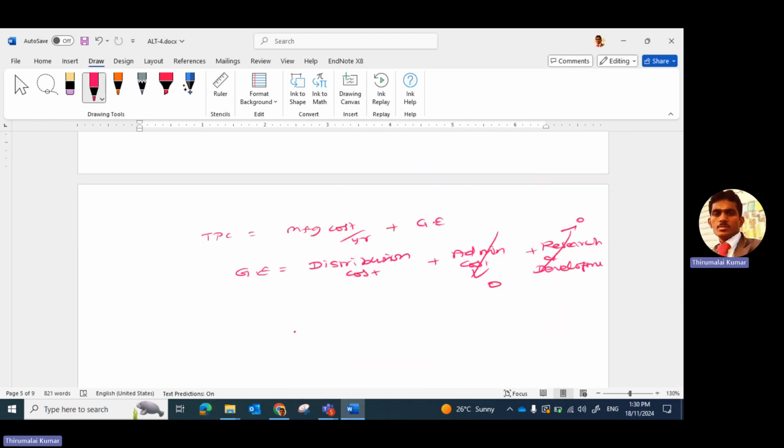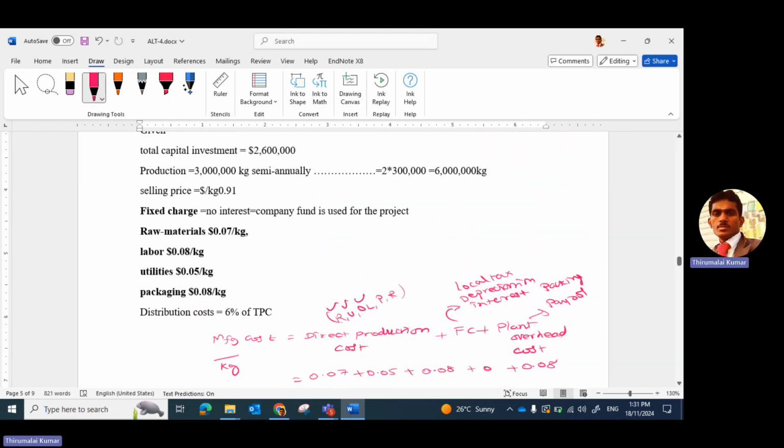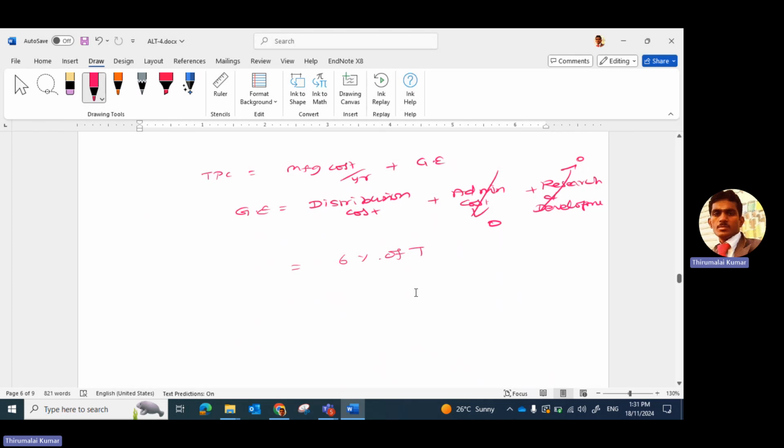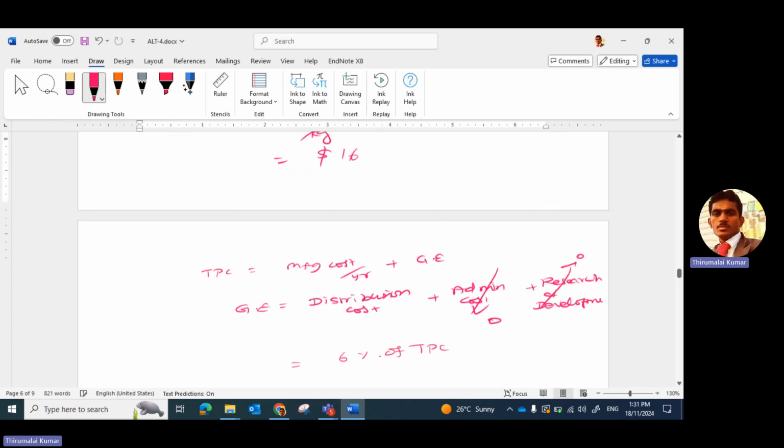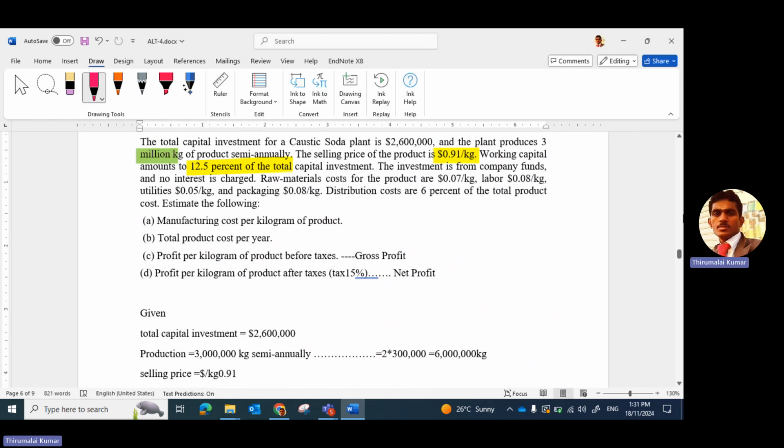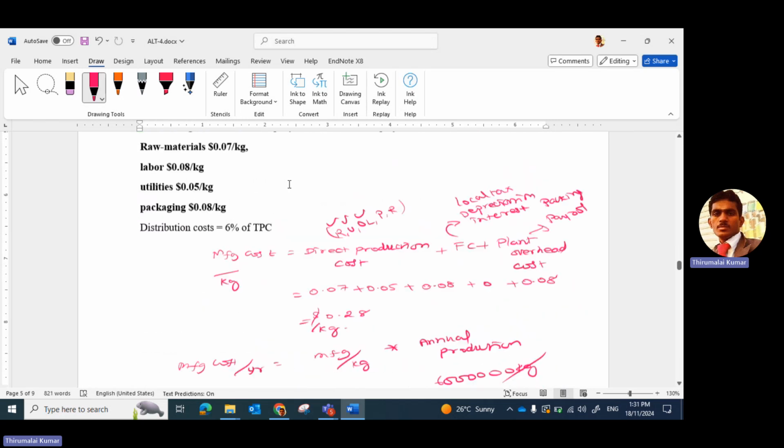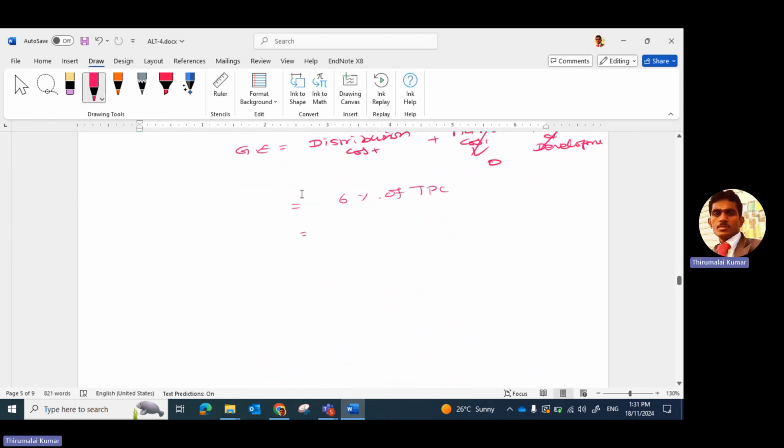The distribution cost is around 6% of total product cost. Let us read this question: distribution is 6% of total product cost. So 6% of total product cost is 6 divided by 100 times TPC.